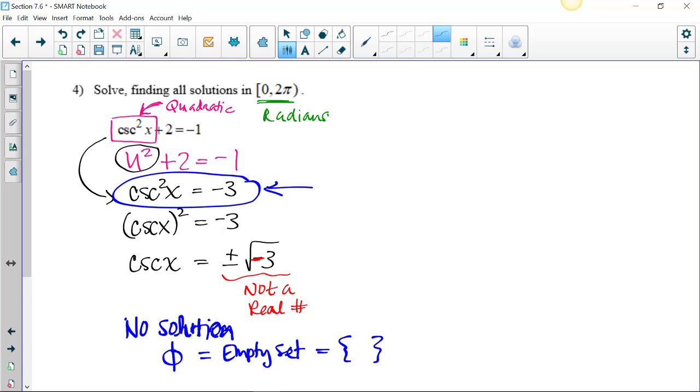We're taking something and squaring it and getting a negative. Remember, no matter what we square, we always end up with a positive. So there is no angle that when you take its cosecant, square it, and add 2, you get negative 1.